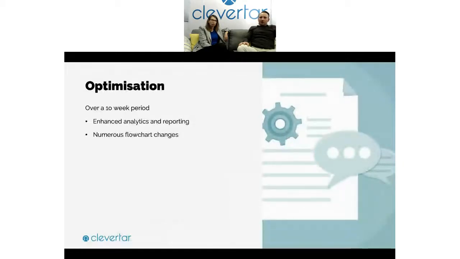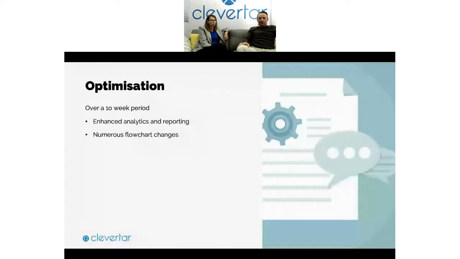So in terms of SA Health, over a 10-week period, we made a number of different changes, and this has been based on trends that we saw within the data. We were able to enhance the analytics and the reporting. This was stuff that, as I said, was put together in a very short time period. So as you learn how people are interacting, you think, well, actually, it'd be really great to be tracking X. We were able to enhance that over the coming weeks.